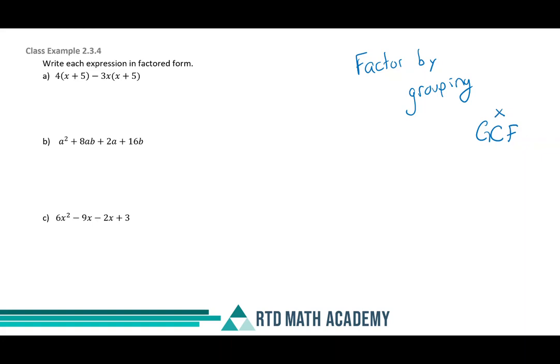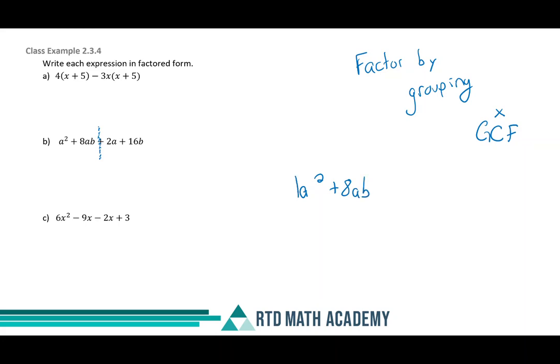Okay, we have no greatest common factor for question B, so what we're going to do is break it apart. You get some choices here. Now, I'm going to go with just what's there for now, and then I can show you a separate method. I'm going to break this apart. Now, I'm going to say a squared plus 8ab actually has a greatest common factor.